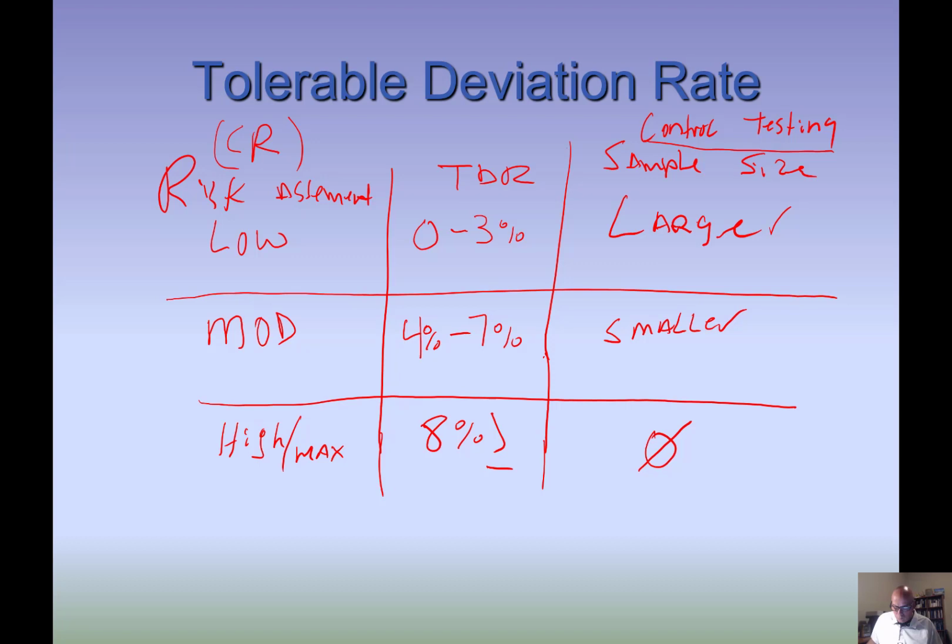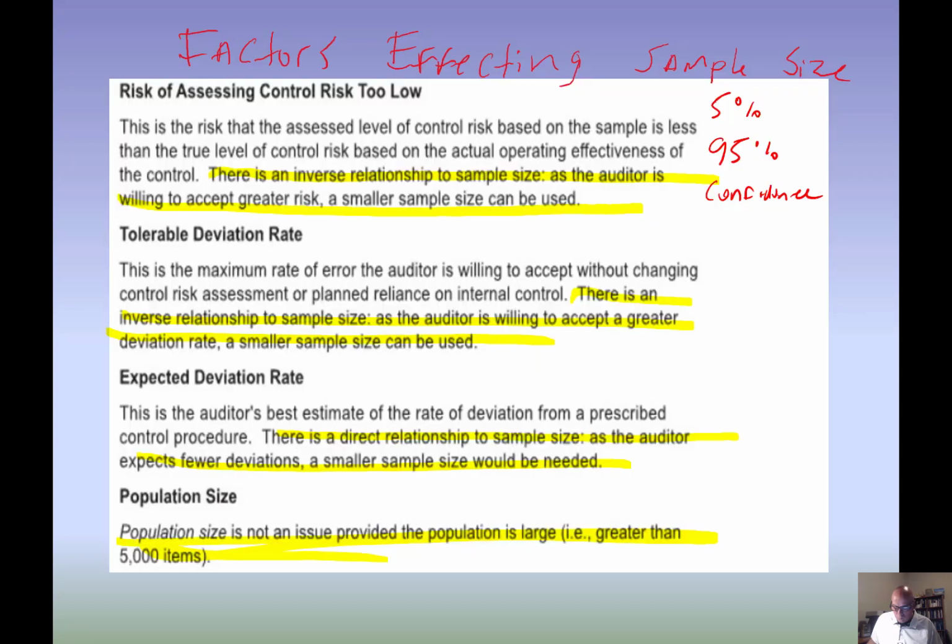Okay, and I've seen things that describe this sort of stuff, which is why we say that there is what? An inverse relationship, right? Inverse relationship, just like there was here to sample size. If I'm willing to tolerate more misstatement, I shouldn't say misstatement, if I'm willing to tolerate more deviation in the control, then what?